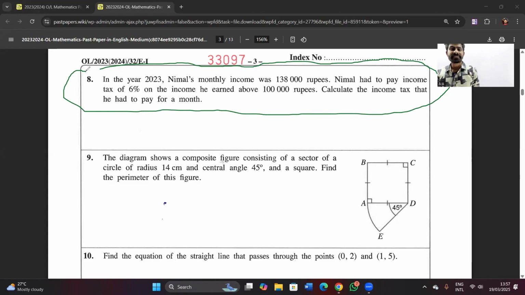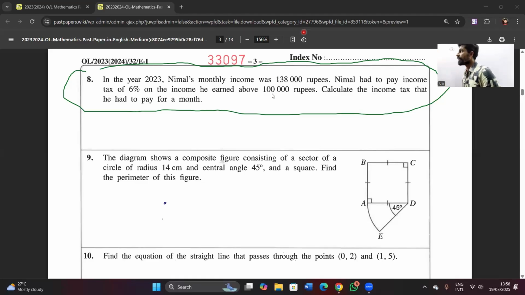Nimal had to pay income tax of 6% on the income he earned above 100,000 rupees, right?